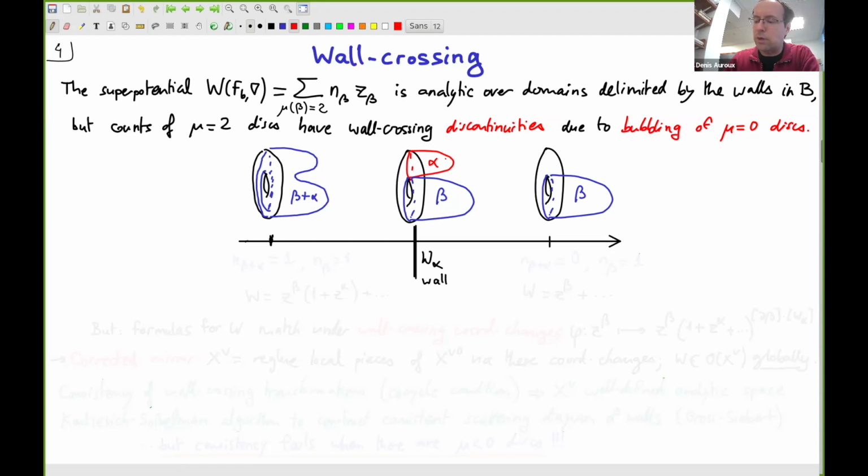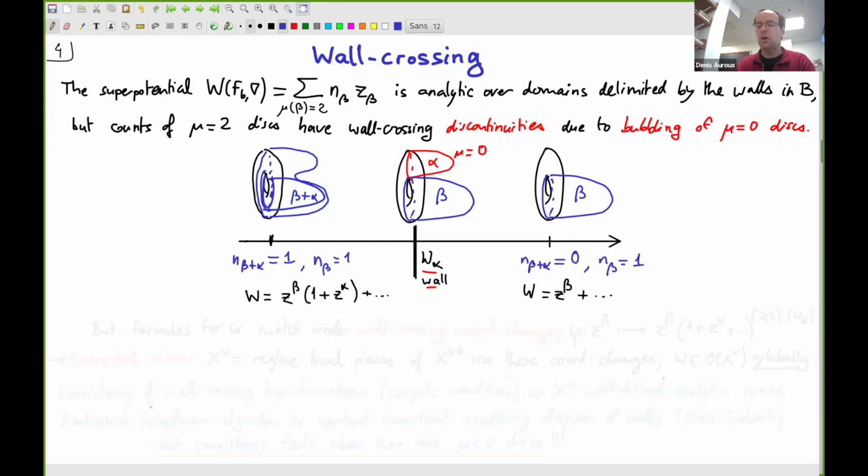I'm thinking of the red one, α, to be Maslov index 0, the one that lives only on the wall, and then your big disk has disappeared, so the smaller component has survived, and of course that one also existed before. So on one side of the wall, you have a disk in the class β plus α, and one in the class β. On the other side, you only have one of the two. And so when you count those, the superpotential has changed by this kind of discontinuity.